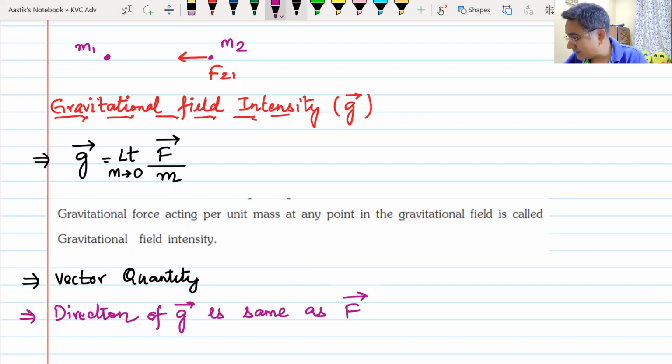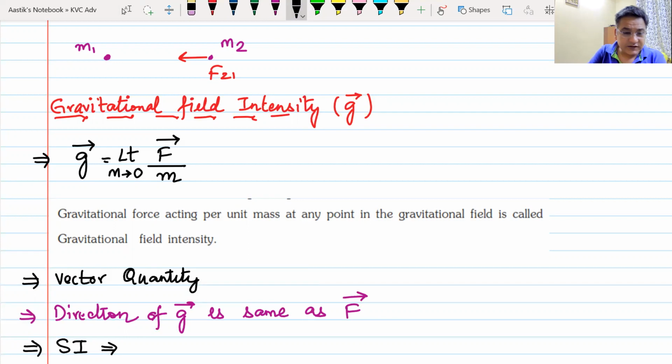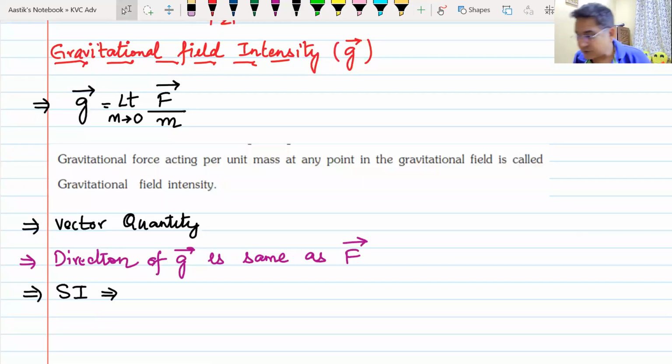The interesting thing is, what will be the SI unit of this gravitational field? Newton per kg. Does this Newton per kg look similar to something?